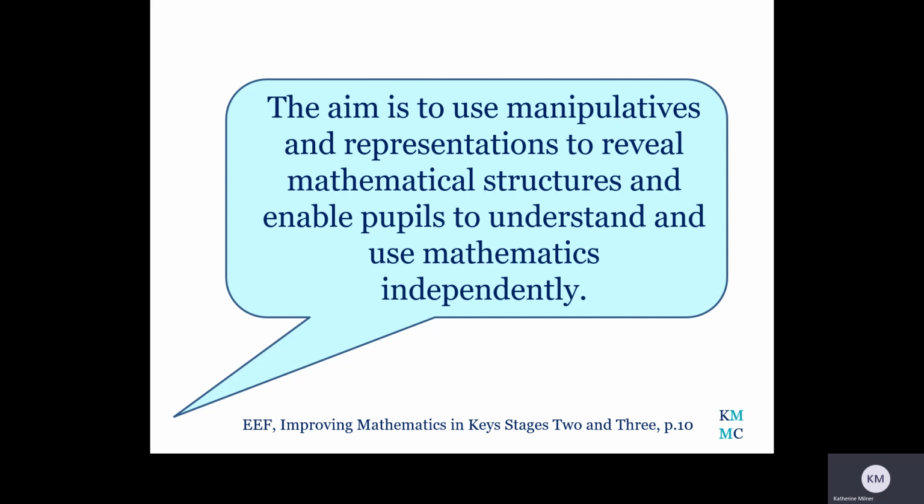So I can't assume that the children will make the connections independently. I need to draw their attention to them through displaying the representations alongside each other and questioning them. So I think the following quotes highlight exactly that.